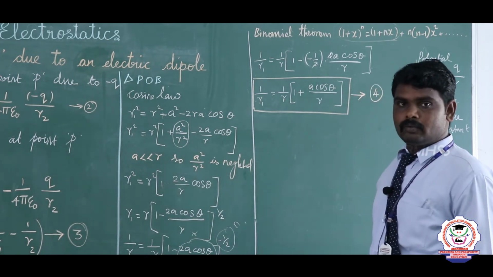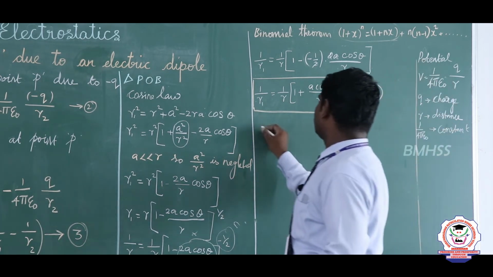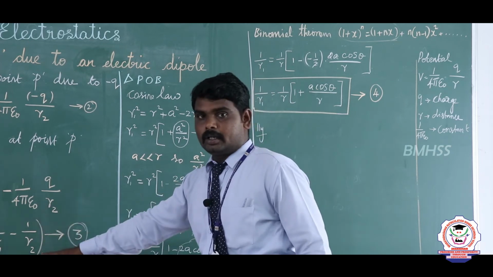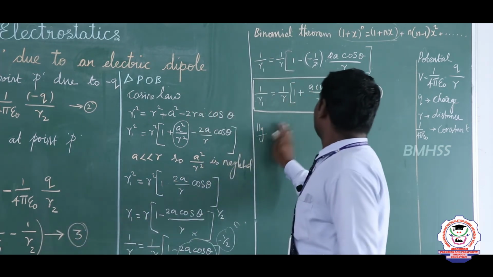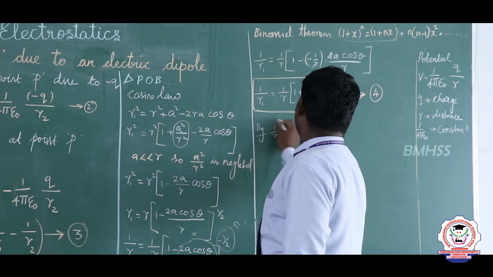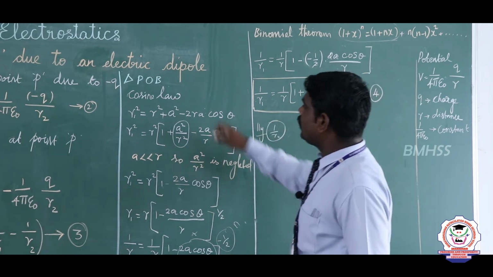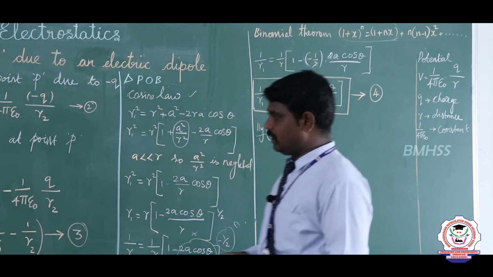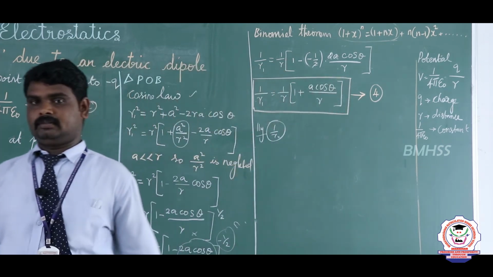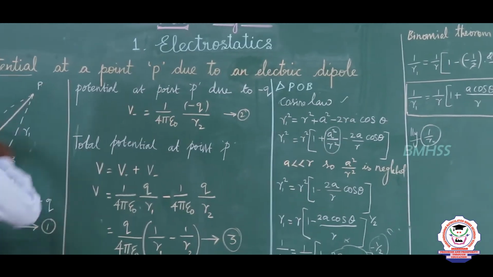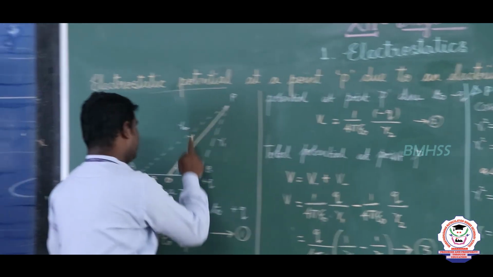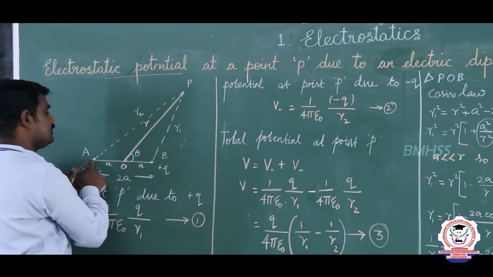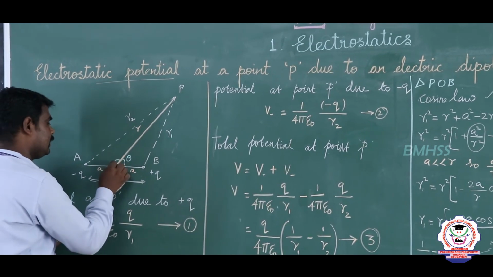Equation number 4. Similarly, we have to find out the 1 by R2 value. So first what we applied is the cosine law. Now we have to apply this cosine law for this triangle POA. In POA, the remaining angle is how much?